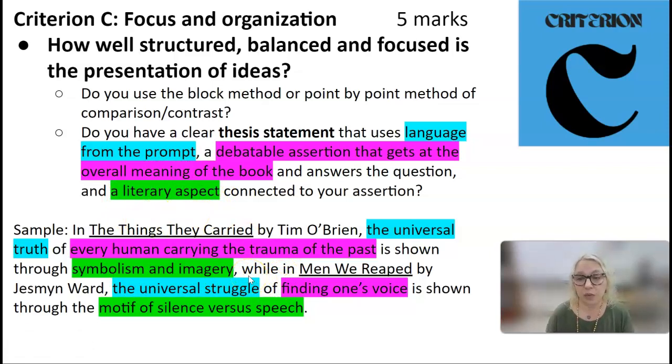And now we've got the second work. Well, in Men We Reaped by Jesmyn Ward, the universal struggle of finding one's voice is shown through the motif of silence versus speech. All right, the parallel structure of the thesis statement works well too, going in the same order. So we've got title, author, prompt, meaning, literary aspect. Title, author, prompt, meaning, literary aspect.